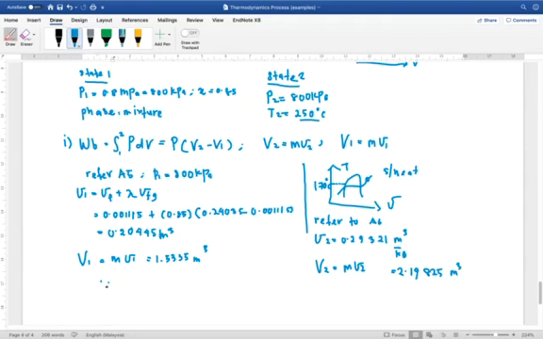So WB is P, 800 kPa, times (V2 minus V1). So I will get WB as 531.8 kilojoule. Alright.